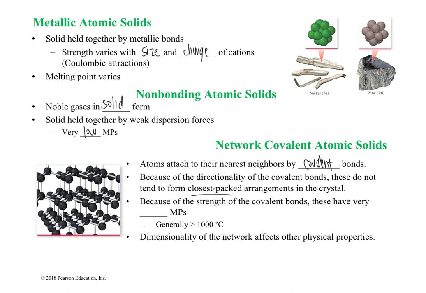These are arranged with covalent bond type tendencies, like having a hybridization and a certain geometry. They have very high melting points, higher than 1,000 degrees Celsius, and this directionality of how they are arranged affects their properties. So we'll talk about carbon specifically and how that is affected.